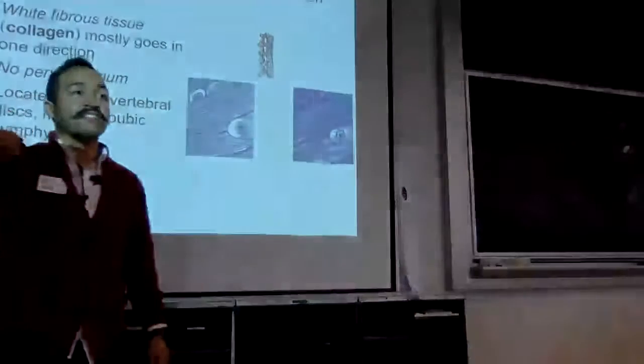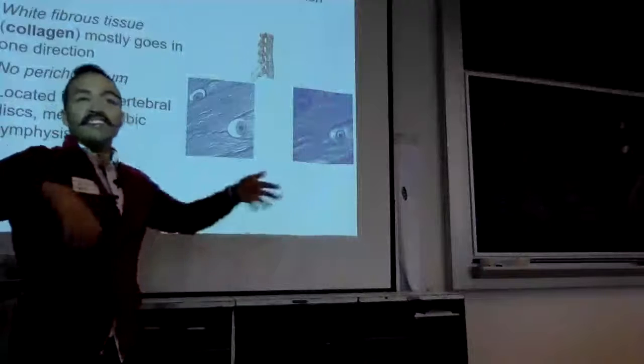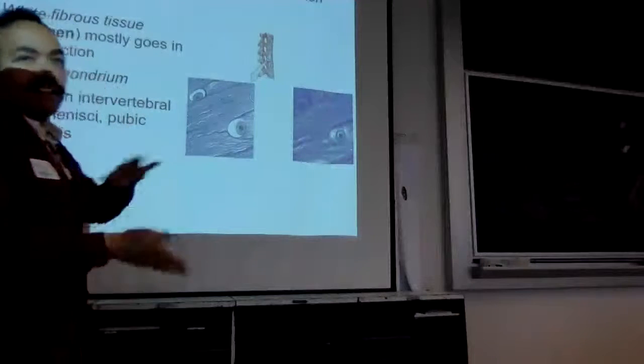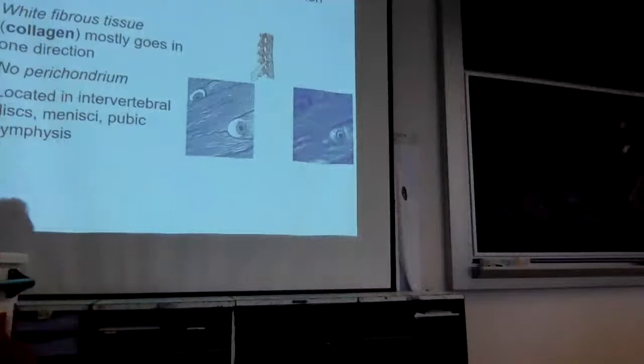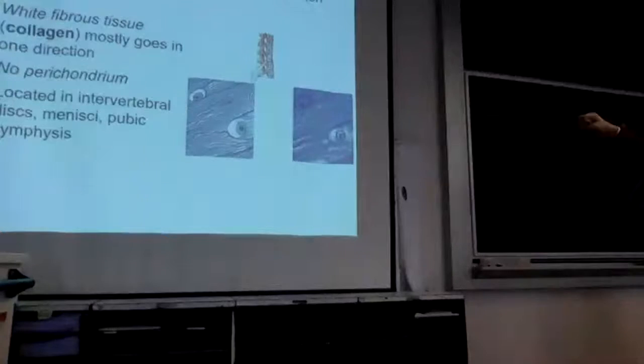It's the densest, strongest of the 3. Elastic is the weakest but most flexible, and then hyaline's in between. This is found in intervertebral discs, so between vertebrae. These make up the menisci in your knee. This is what holds your bones together. Your hip bone. Cartilages.